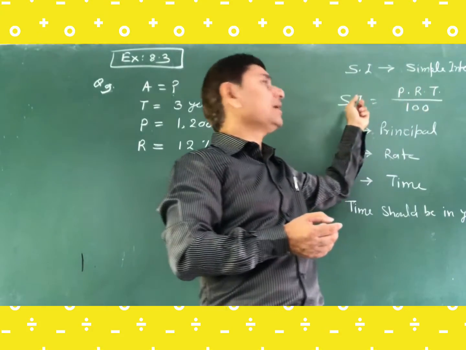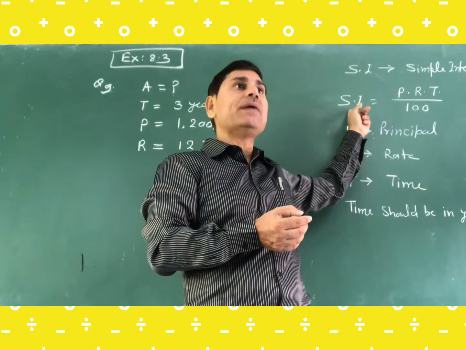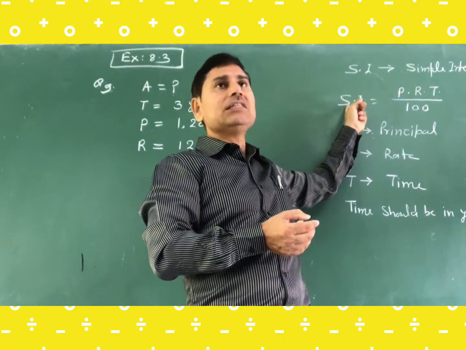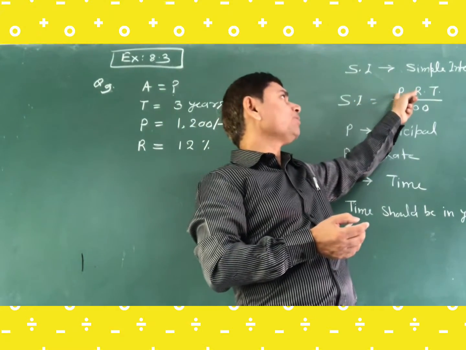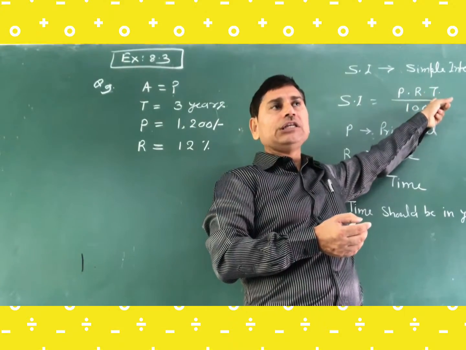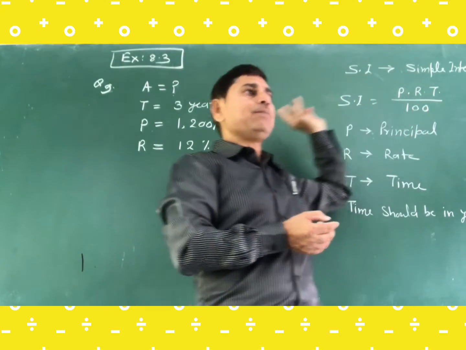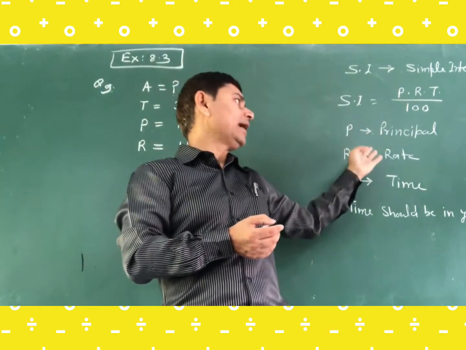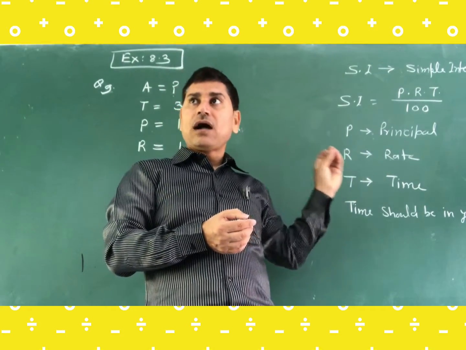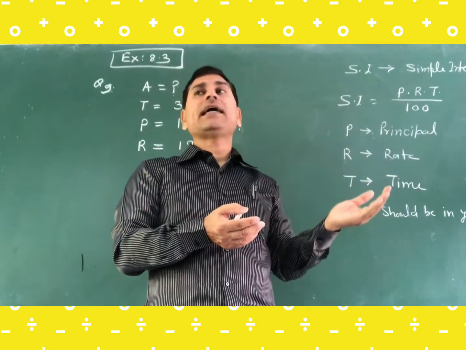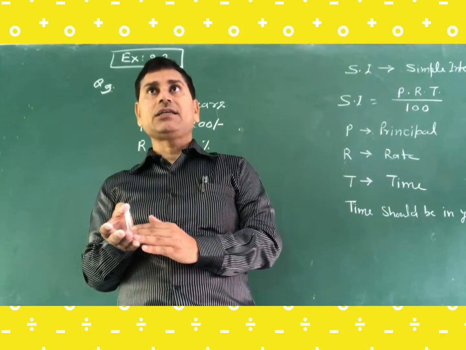This is the formula to find the simple interest. S means simple, I means interest. So SI equals P into R into T divided by 100, where P is the principal amount, R is the rate, and T is time. How can you identify which is the time and which is the rate?